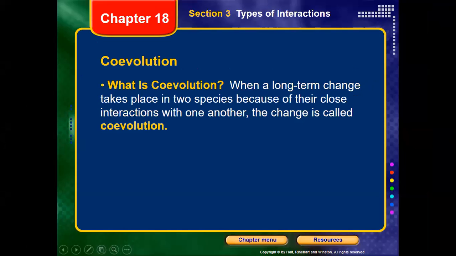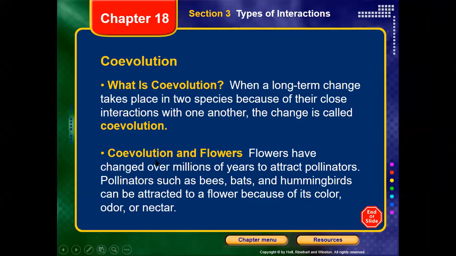Okay. So here is another example of co-evolution: flowers. Flowers have changed over millions of years to attract pollinators such as bees, bats, and hummingbirds. If we compare certain species of plants to their ancestors, we find their flowers are completely different.